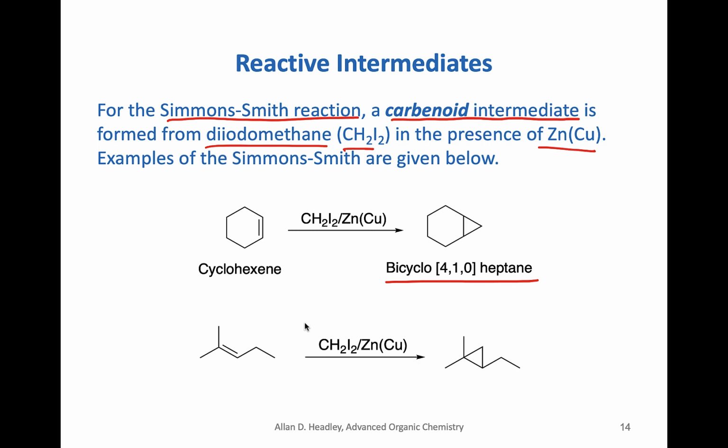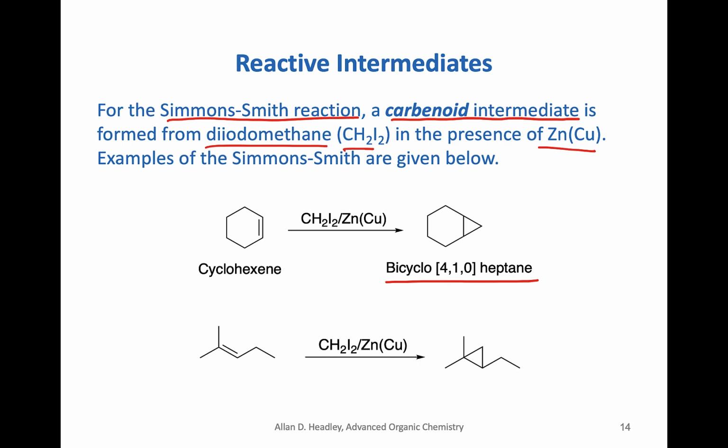So I think this is the end. Yes, it is. So these are the types of intermediates that will be covered in this course. What we'll do is provide evidence that they really exist, and in addition we will provide evidence of the structure and charge of these intermediates.